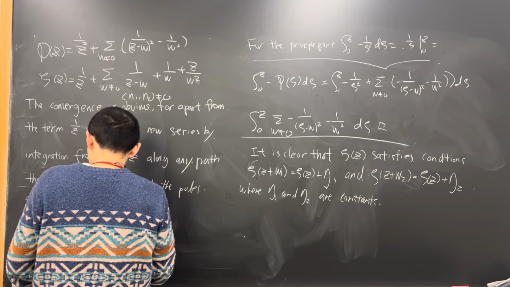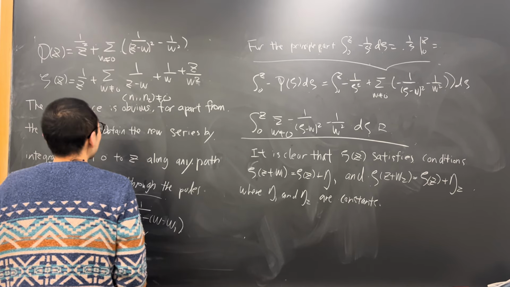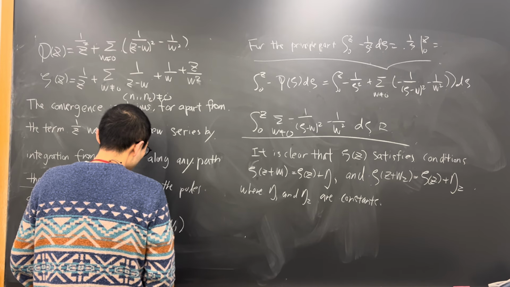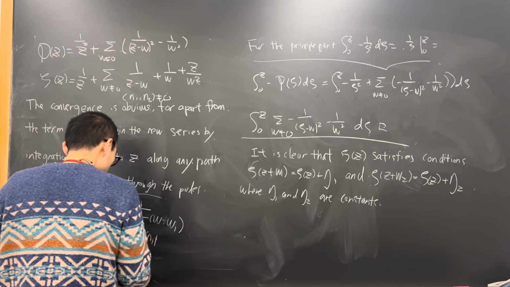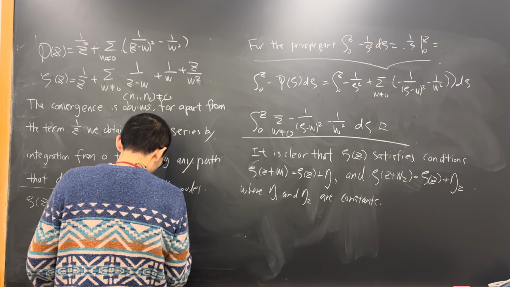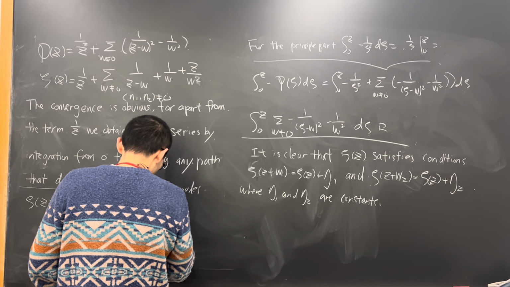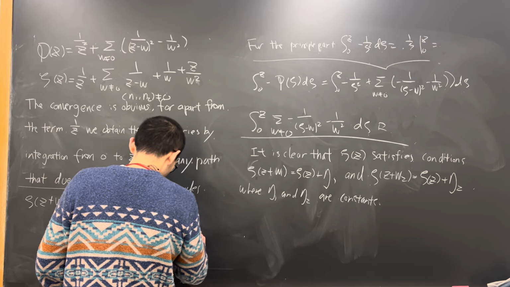So then it becomes, if you minus 1, it becomes 1 plus, minus 1 and 2 not equal to 0.